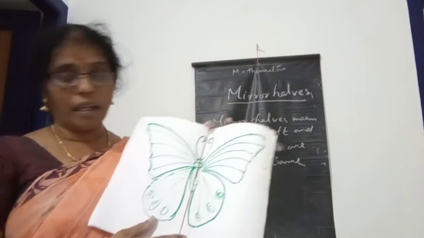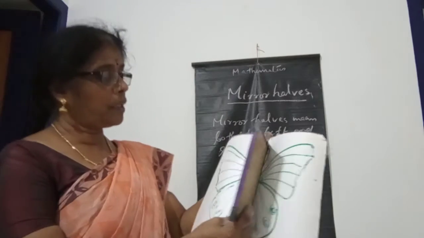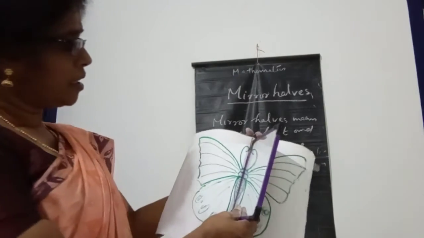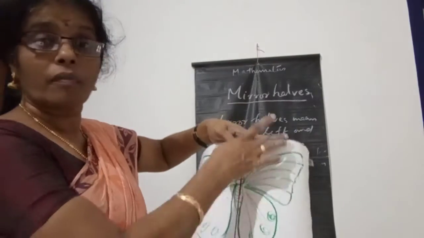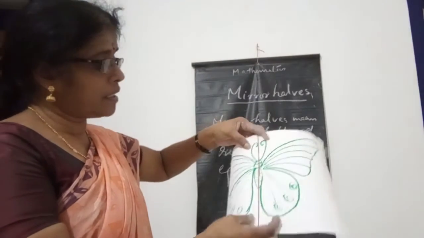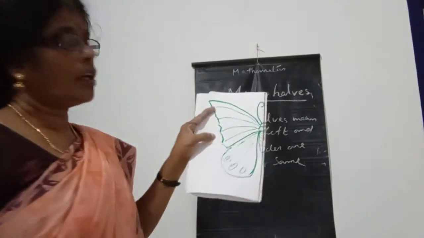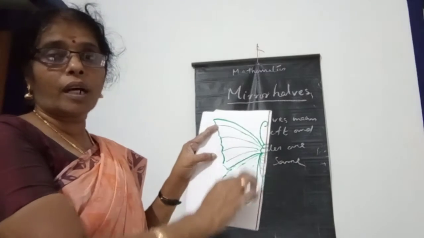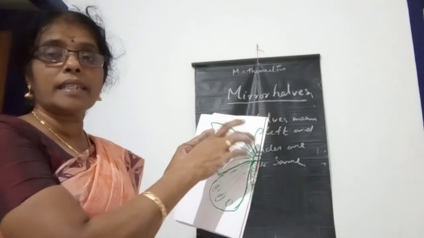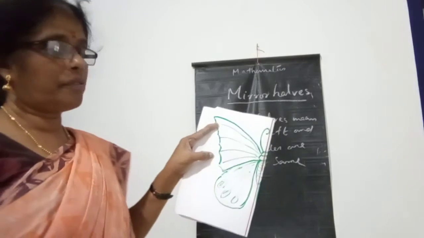Butterflies are mirror house. If we take a mirror, look, children, this one is the half part of the butterfly, isn't it? If I take it like this, then you can see only one half, one part. You can't see both sides now.